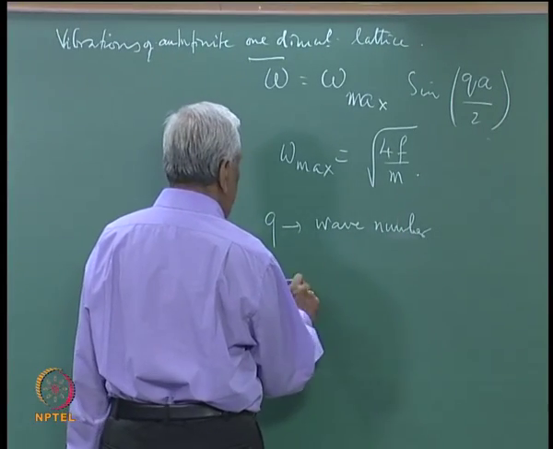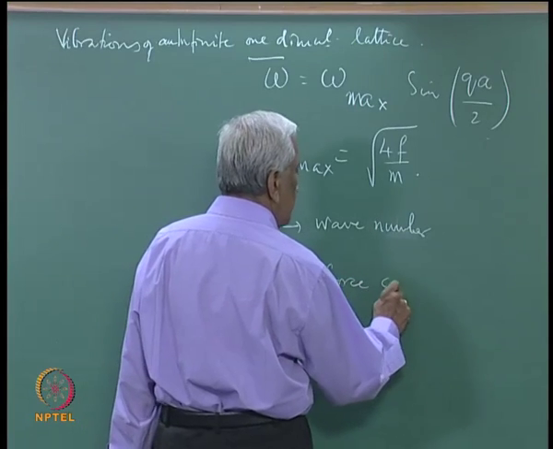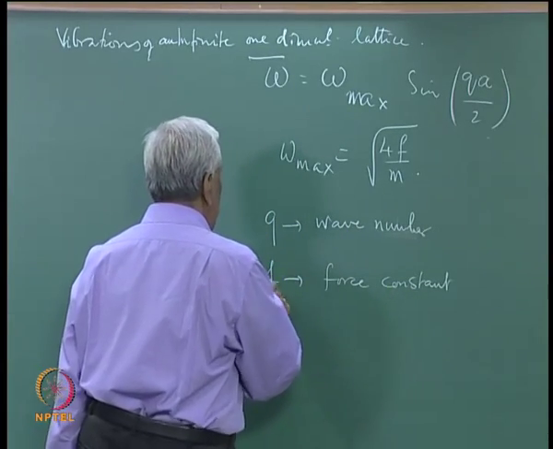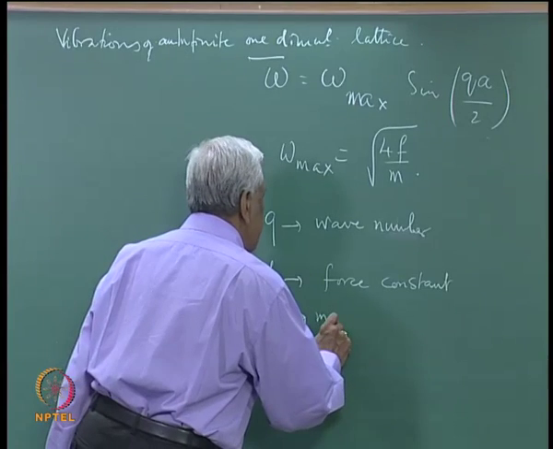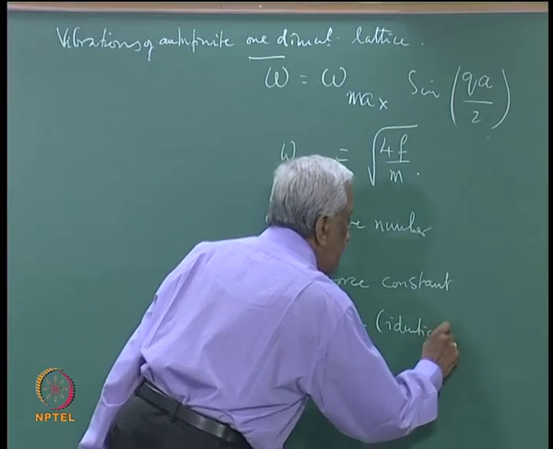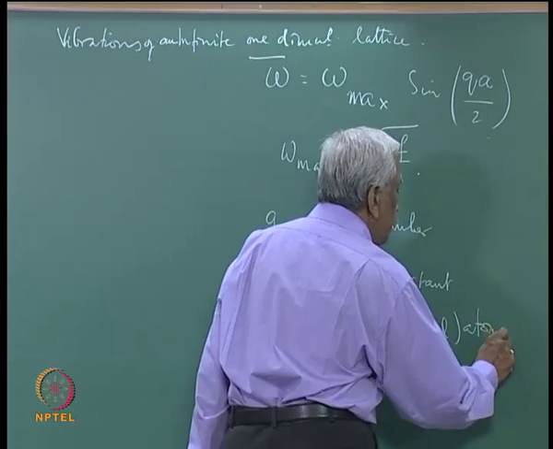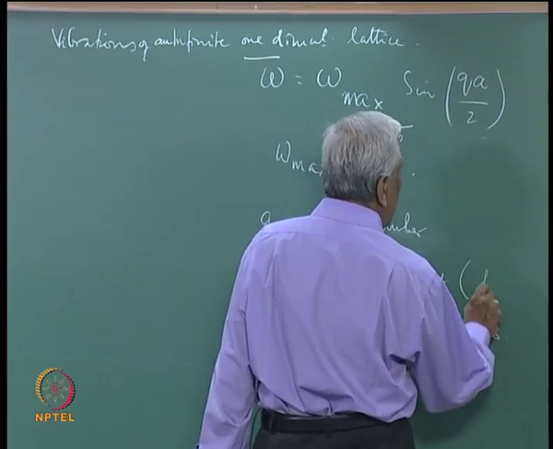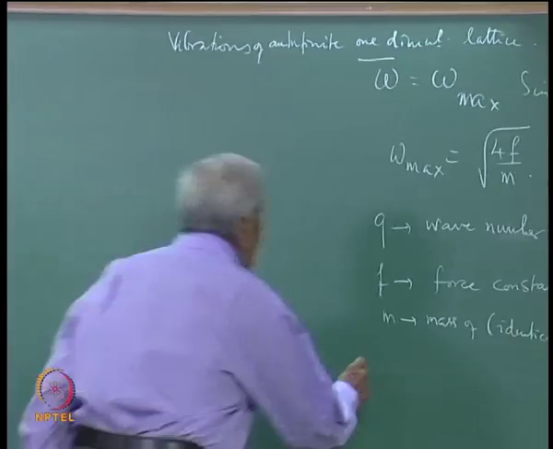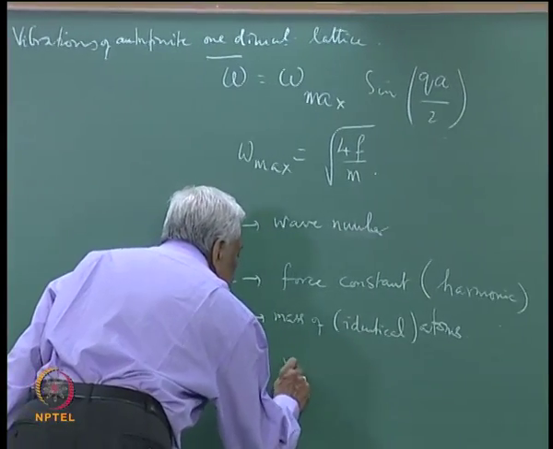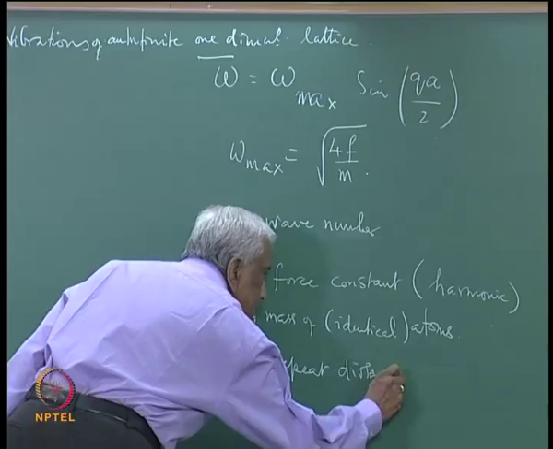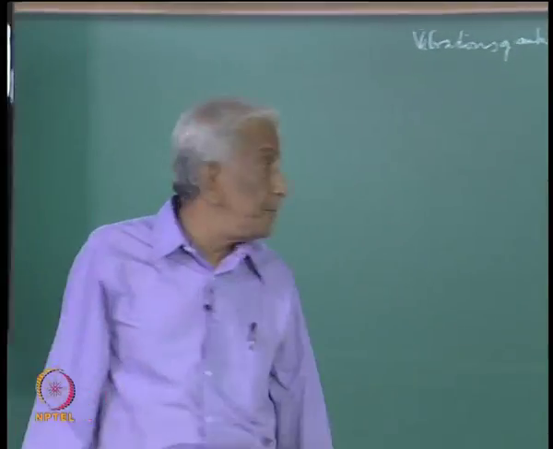F is the force constant between adjacent atoms, which are identical and each of mass m, and which are vibrating, and this is taken to be simple harmonic vibrations. a is the repeat distance, or periodicity, along the line of atoms.